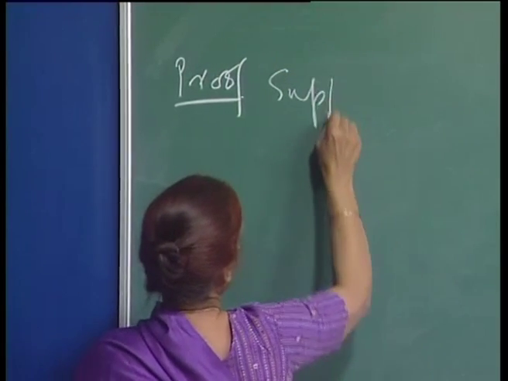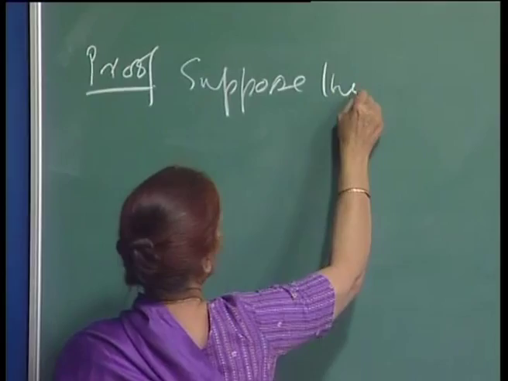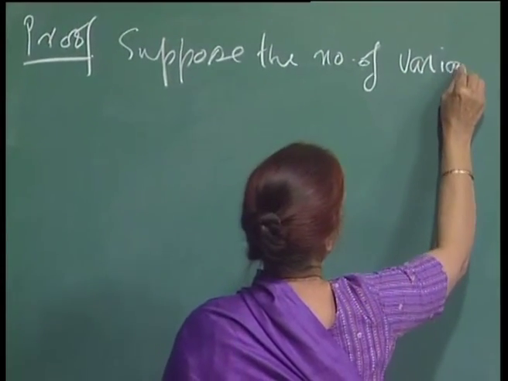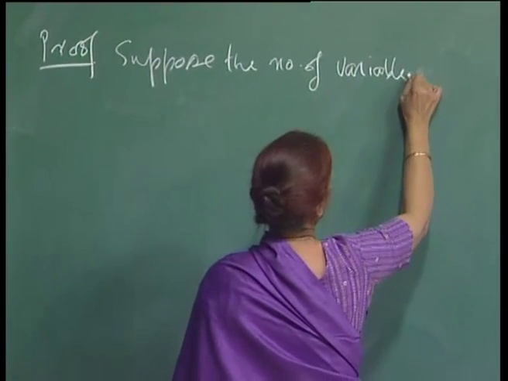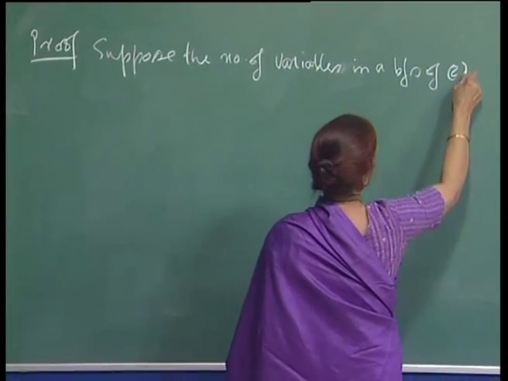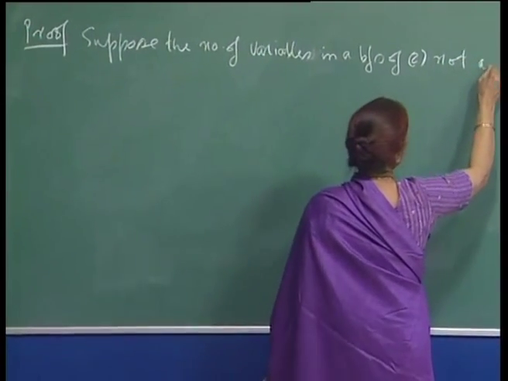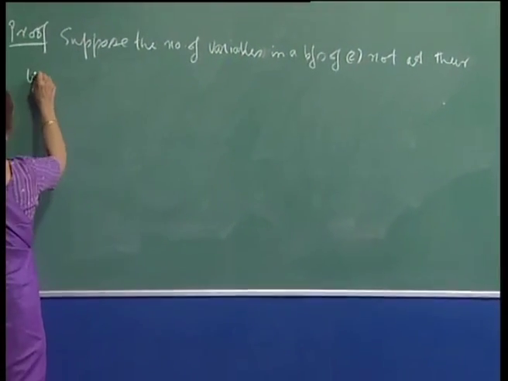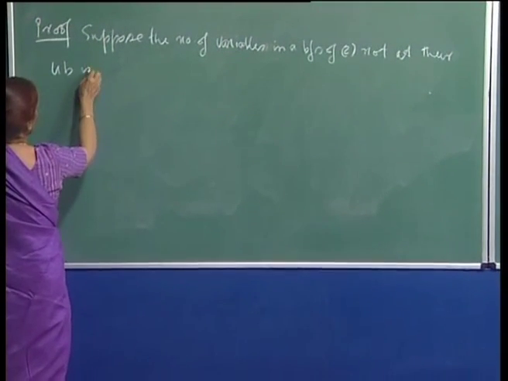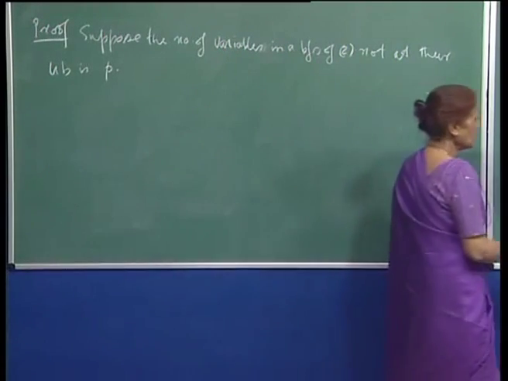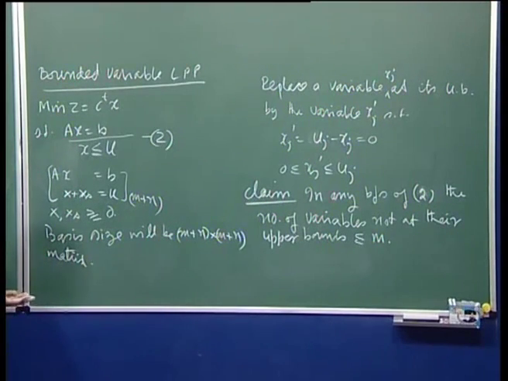Suppose the number of variables in a basic feasible solution of 2 not at their upper bounds is p. So, I have a basis of size m plus n by m plus n, therefore the number of basic variables is m plus n.